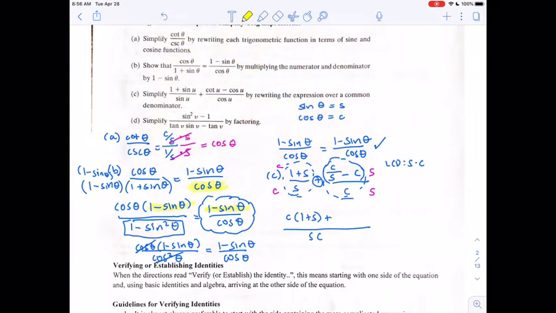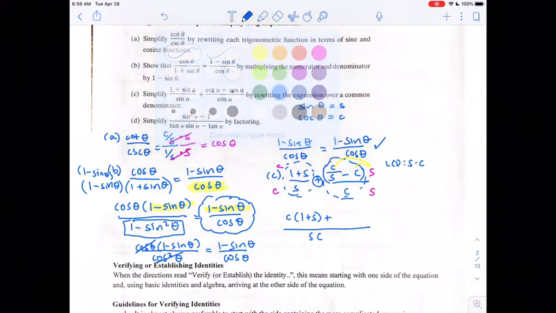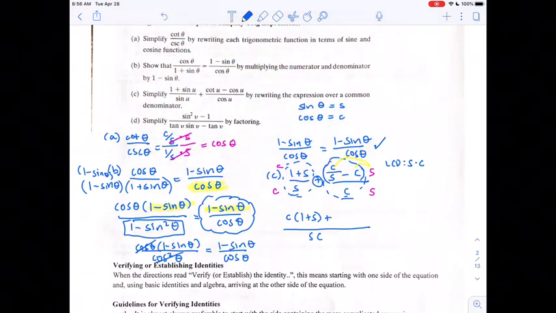Well, what we can do is distribute the s to each one of these terms inside the parentheses, and find that the s will cancel out with the first fraction, so you have just c left, and then minus sc.